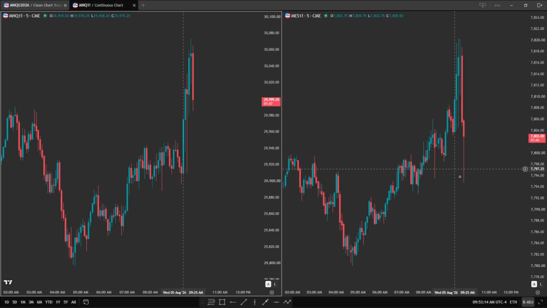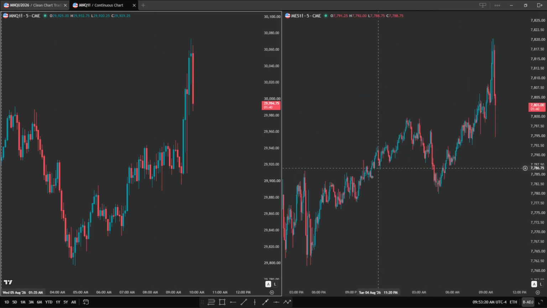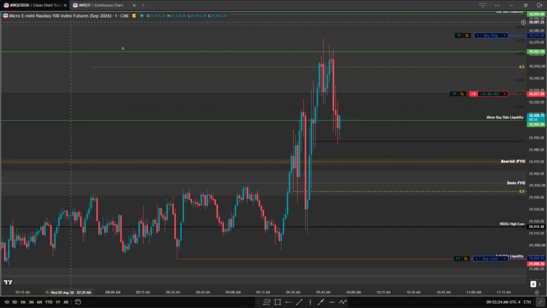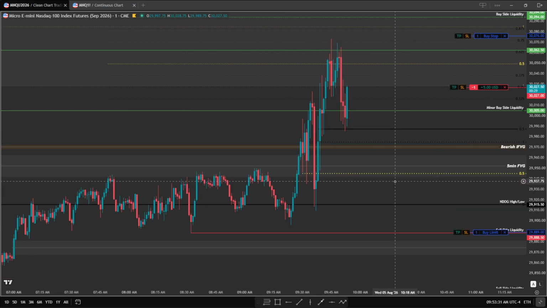What's ES doing? ES took some sell side. There's plenty more of it to be had on ES, so I don't want to hop out early. I mean, these lows are really obvious.